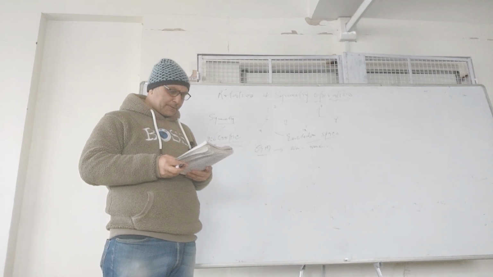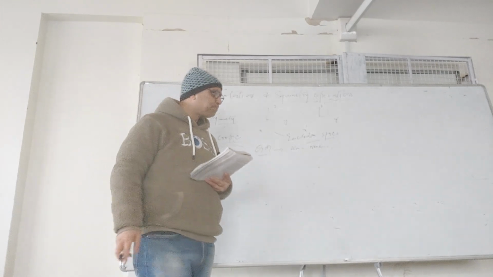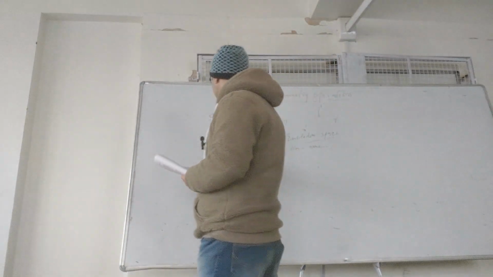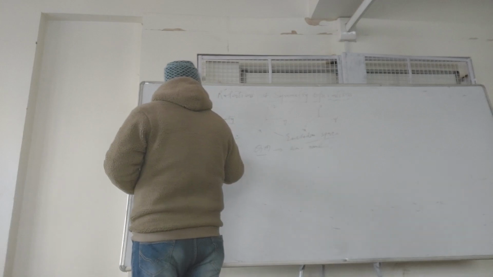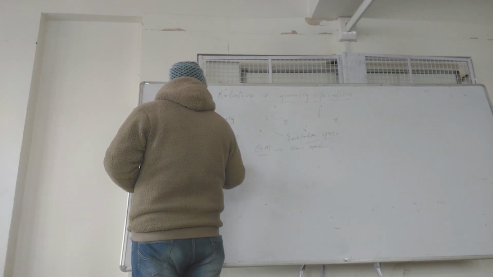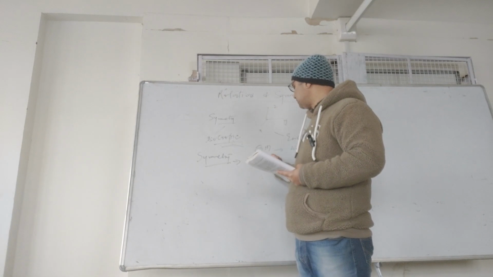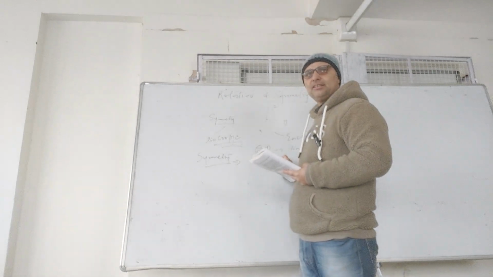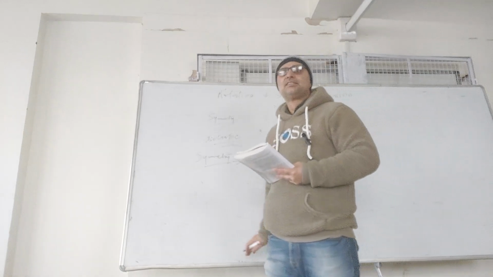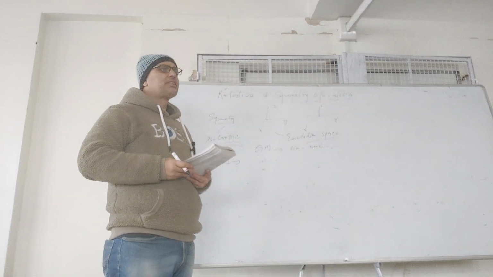Now as for symmetry operations, symmetry is a very general term. In nuclear physics you study isospin symmetry, symmetry in a general sense. In one way we go to the special theory of relativity.